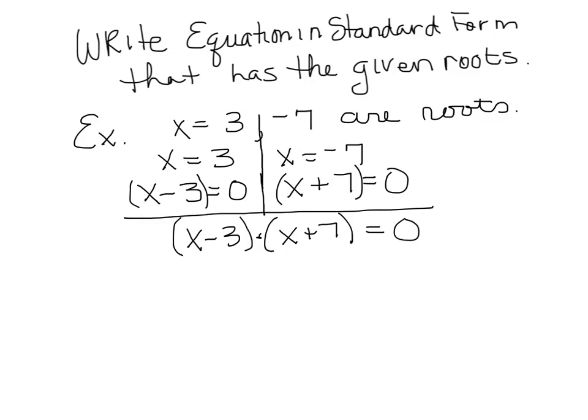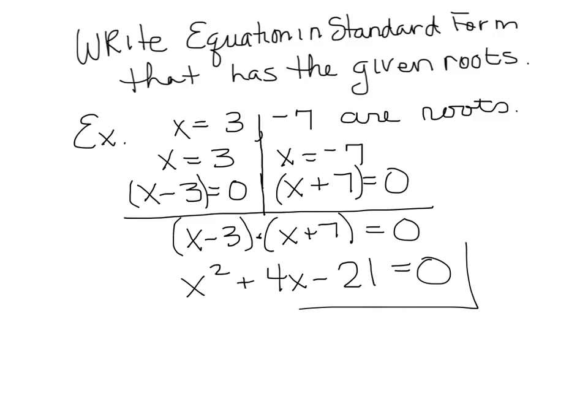So what I've done is I've made a quadratic equation now because I have these two factors. And I'll just go ahead and multiply them together to make it in standard form. x squared minus 3x plus 7x, and then the minus 21 is equal to 0. And that is my equation in standard form that has the given roots x equal 3 and x equal -7.